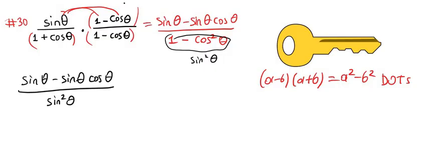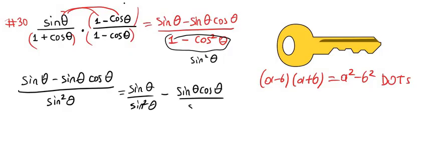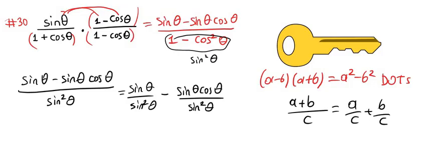We can separate this fraction because sine squared theta is a common denominator. Sine theta over sine squared theta minus sine theta cosine theta over sine squared theta. It is like again a plus b or a minus b divided by c. You can separate it. So sine divided by sine squared theta is 1 over sine theta. One factor of sine cancels.